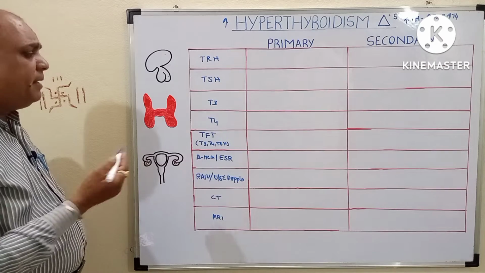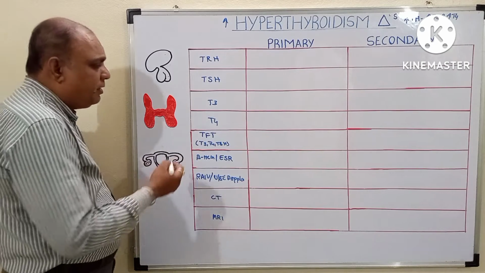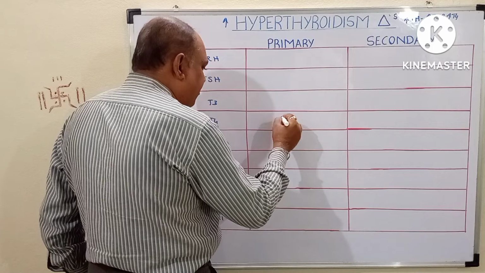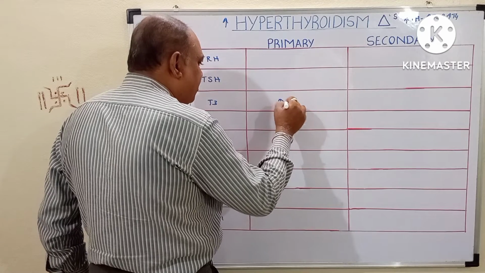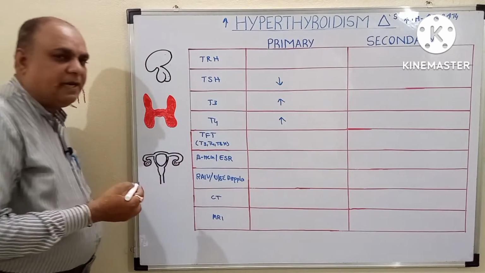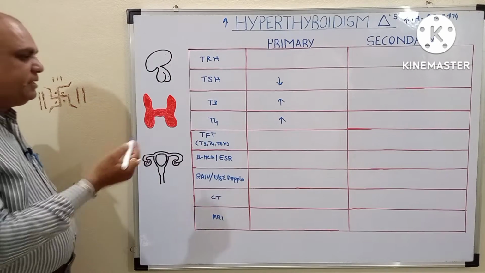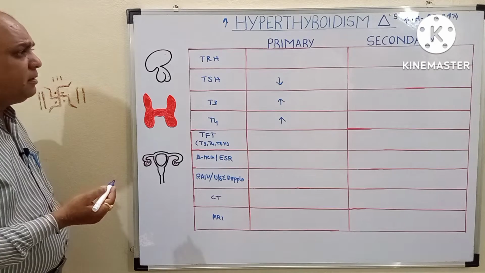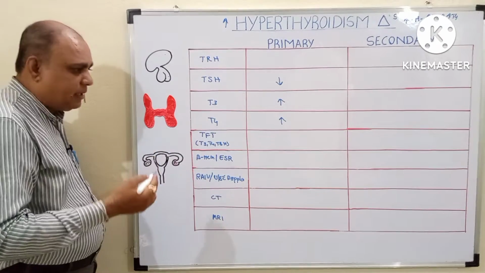Now, in primary hyperthyroidism, the commonly seen finding is elevated levels of T3 and T4 with low thyroid stimulating hormone levels, means TSH levels. Now, what can be the cause for primary hyperthyroidism?